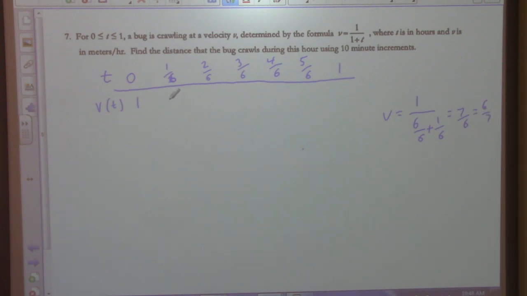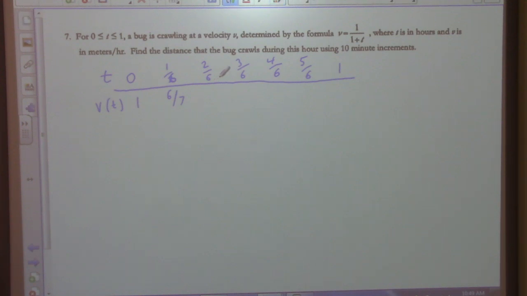So this is going to be 6/7 here. Because it's 1 divided by 7/6. You're dividing by a fraction, so multiply by the reciprocal. So we get 6/7. And then you plug in for the next one.